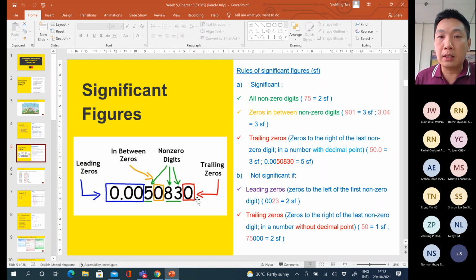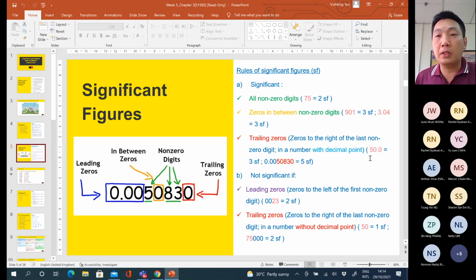Okay, right. So let us try to check one. Like for instance, this 50.0. This 0 and this 0, these 2 zeros come after 5, right? As a result, these 2 zeros should be included as significant figures. So 50.0 means this number has 3 meaningful figures.